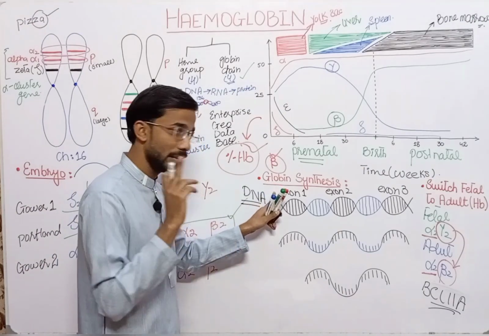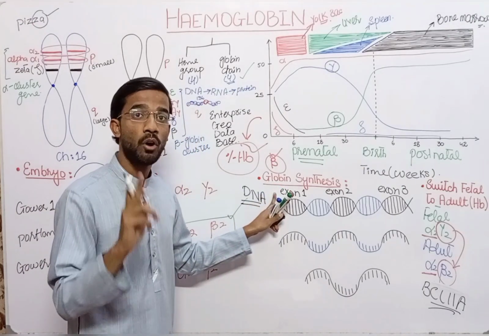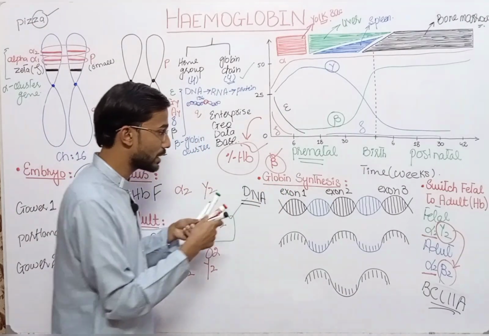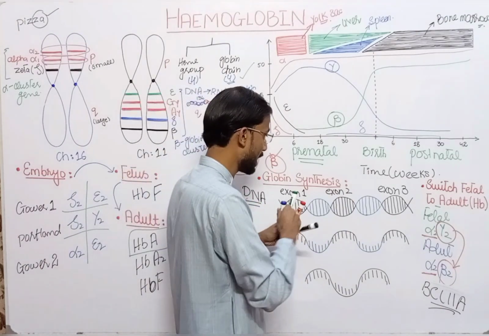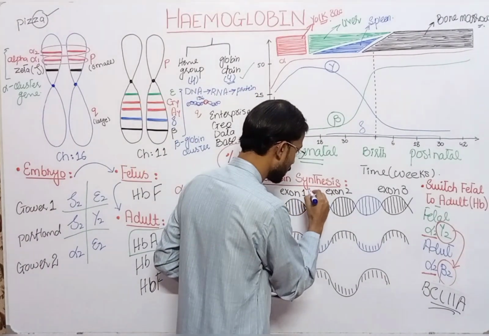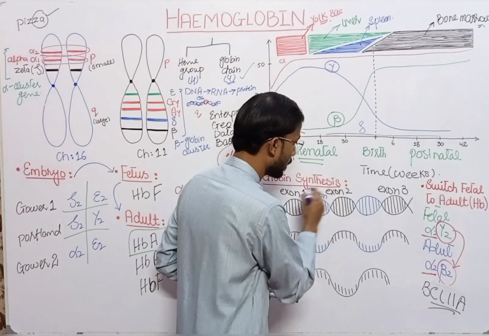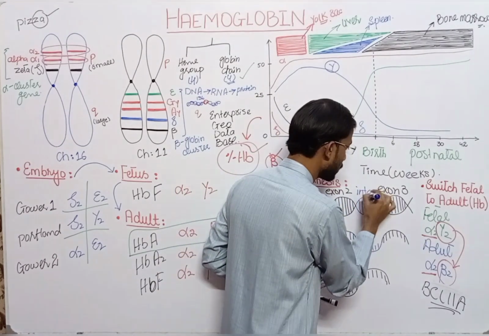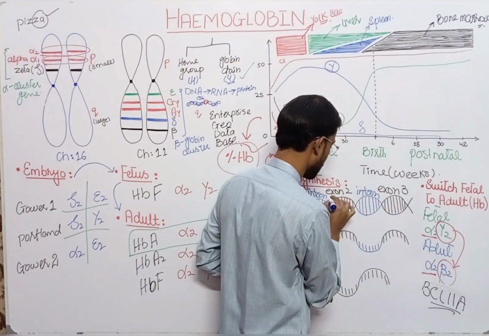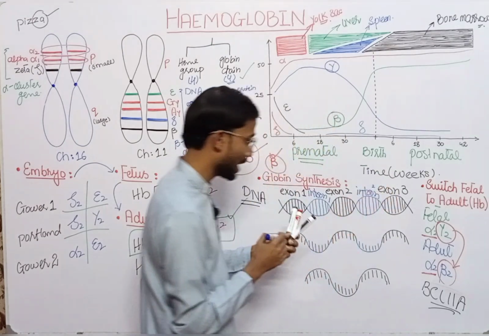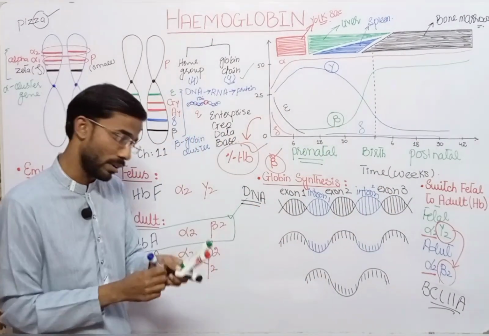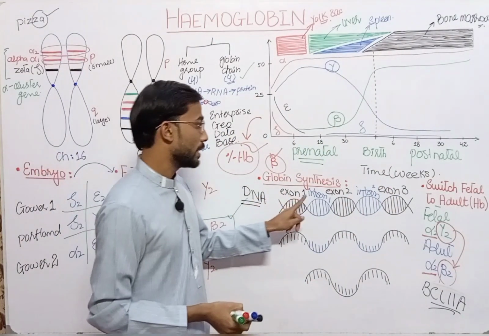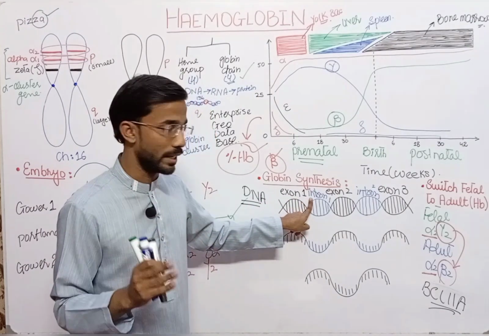These DNA regions are involved in coding, and there are two intron regions. Here you will see intron 1 and intron 2. These are basically the two introns, the non-coding regions.